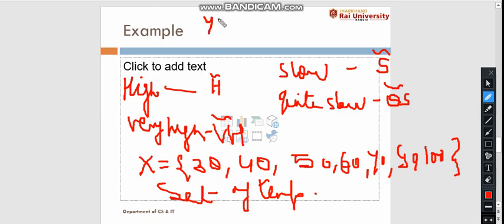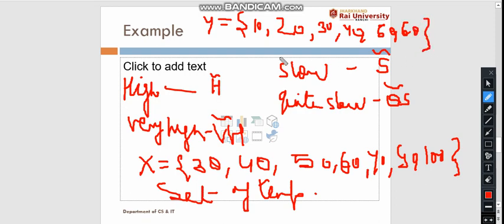Then y represents the rotation, and what are the elements of y? They are 10, 20, 30, and up to 60: 40, 50 and 60. So these are the values for the rotation.